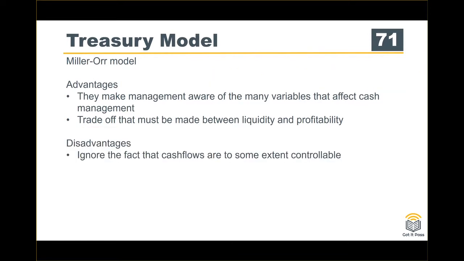Disadvantages: it ignores the fact that cash flows are to some extent uncontrollable. How to control the cash flow? For example, managers can delay some payments. Delaying payments is one example.